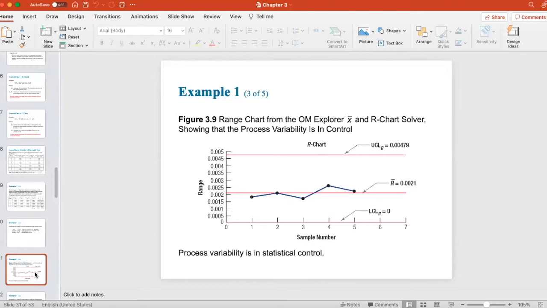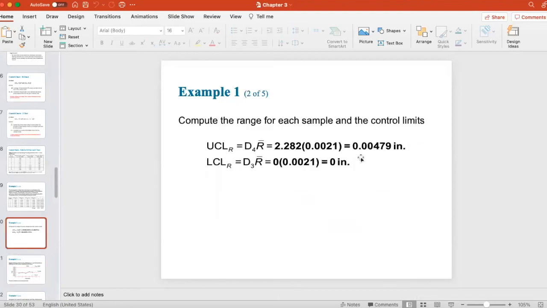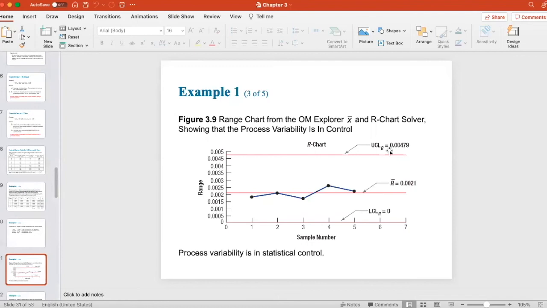So we visualize the process that we just mentioned. After you calculate the UCL and LCL for the R chart, you can clearly see 0.00479 for the UCL, the upper limit, and the LCL is zero, showing here.